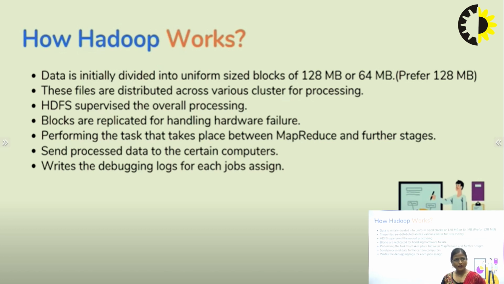Then these files are distributed across various clusters for processing, and HDFS supervises the overall processing. Blocks are replicated. Because of this, Hadoop is fault tolerant. So blocks are replicated for handling hardware failure. If one of the nodes fails, then it can be overcome by another node.